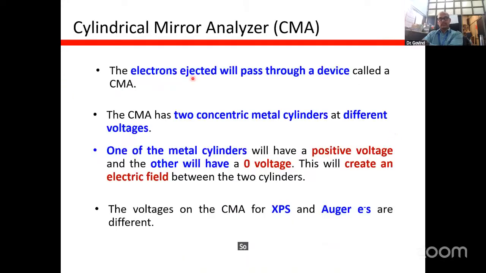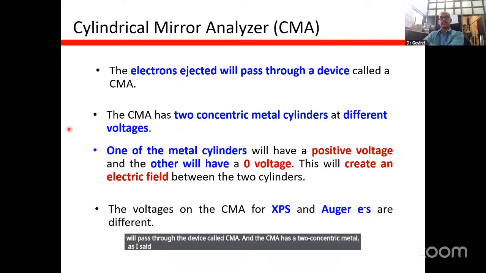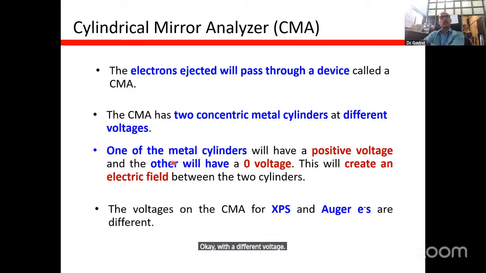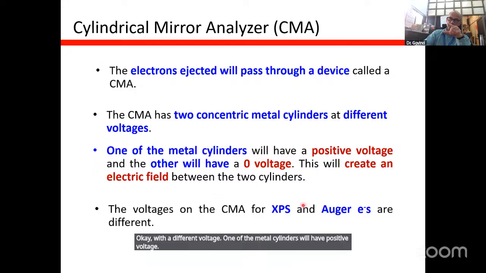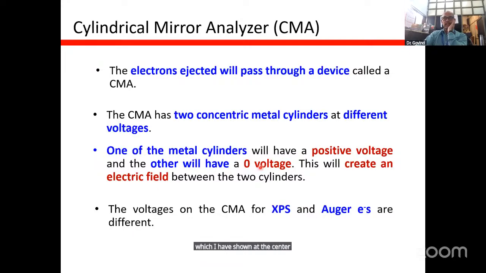Now the cylindrical mirror analyzer: the electron that is ejected will pass through a device called the CMA. The CMA has two concentric metal cylinders, as I said and as shown in that animation, with different voltages. One of the metal cylinders will have a positive voltage, which I have shown at the center, and the other will have zero voltage.